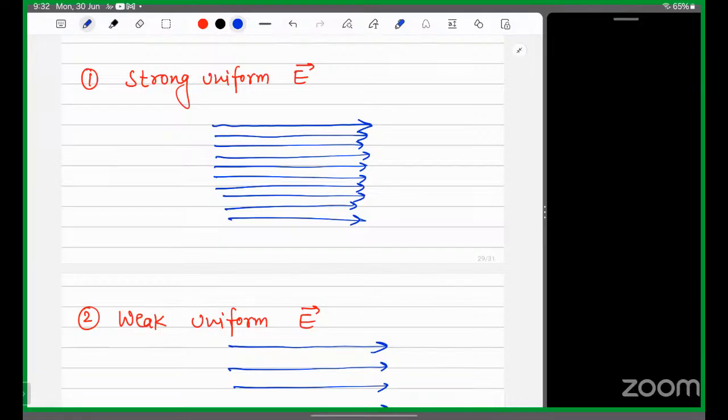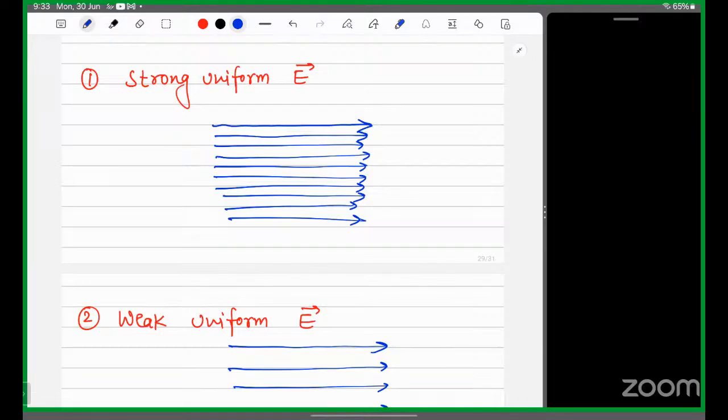Strong and weak, I would say, is comparative. If we have two different regions with two different electric fields, then on the basis of comparison we can say that one region has a strong electric field and the other has a weak electric field. So if a region has a strong electric field, it means the magnitude of electric field at any point in this region will be greater than the value in the other region where the electric field is weak.